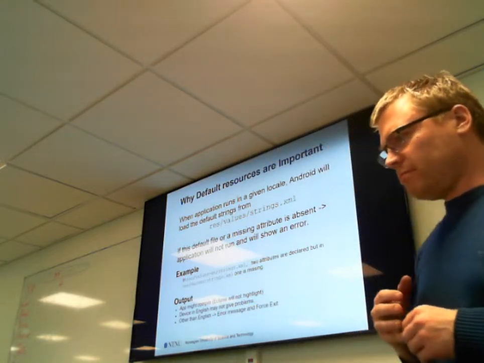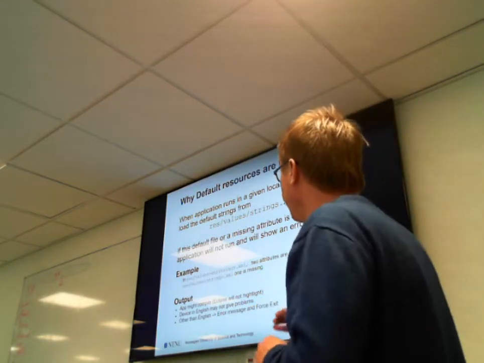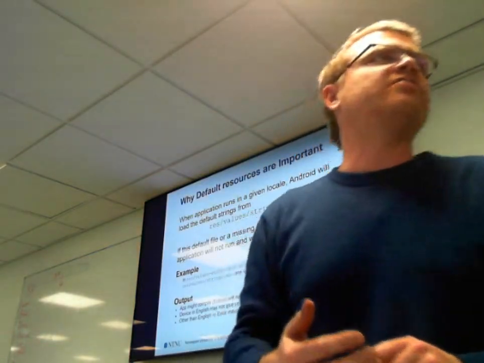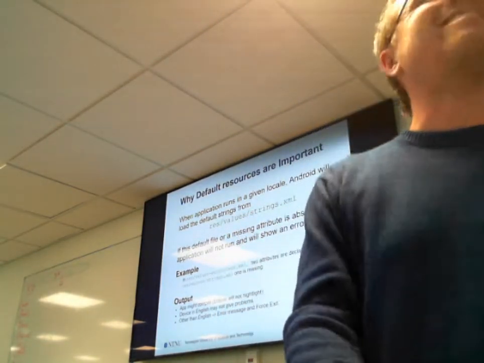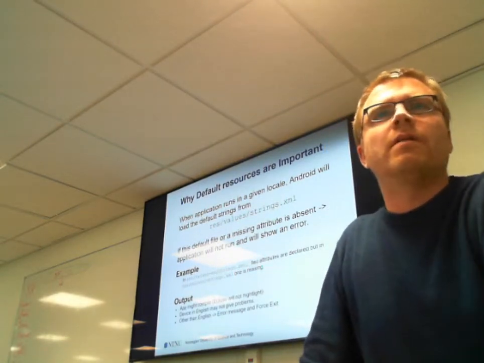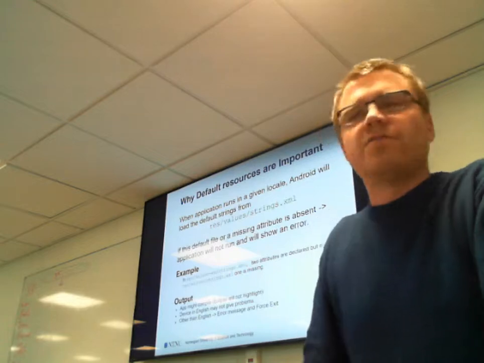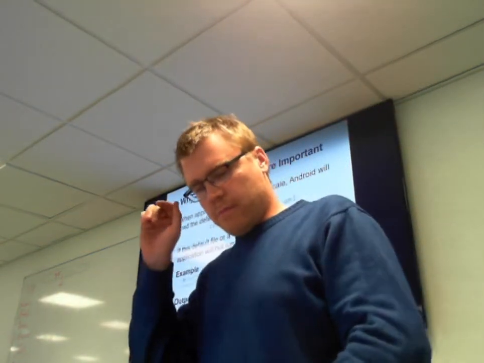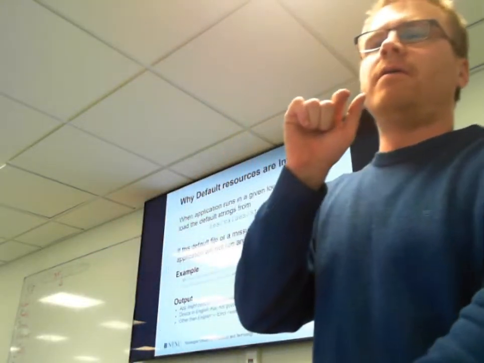The idea is then that you can actually have a localized version as well. And they are in the folder structure res values, and then a dash and the two-letter ISO code. In this case, EN, for example, for English. You can also have a subcode if you have a country-specific locale variant.